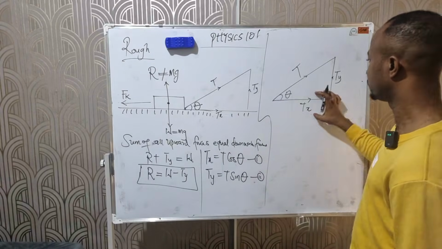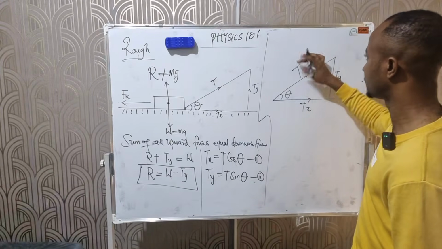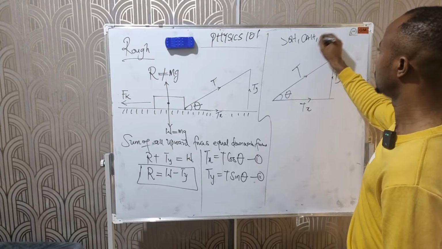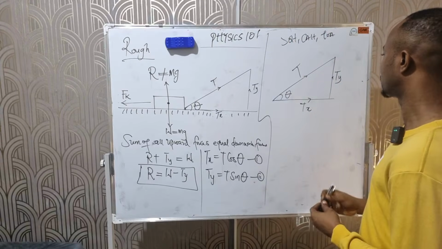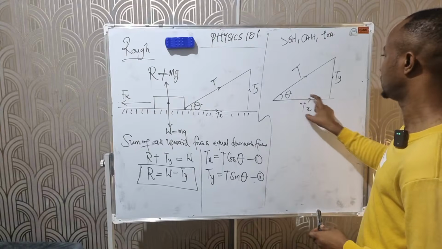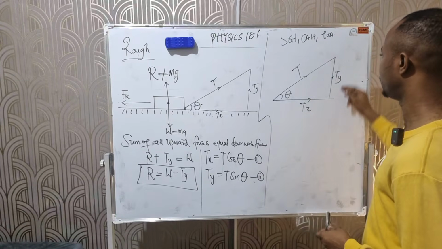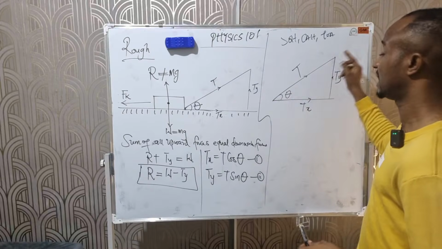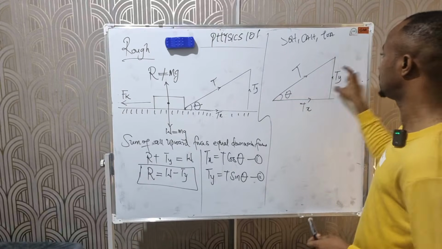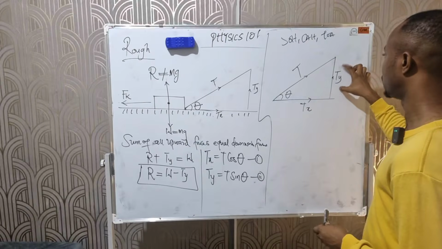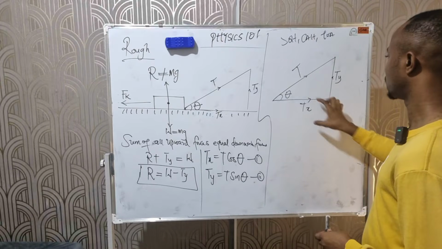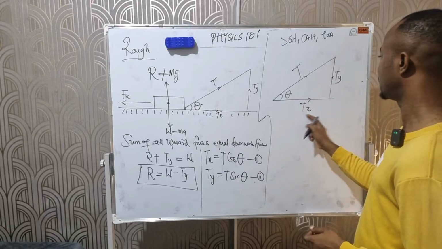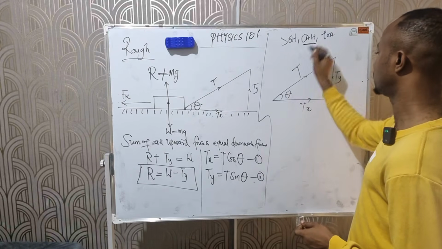I can only resolve Tx with respect to T, using SOHCAHTOA. Let's say I'm considering my Tx. Tx is the adjacent, Ty is the opposite, while tension, the resultant here, is the hypotenuse, right? Any side that faces the angle is called the opposite, which is my Ty. So Tx is adjacent, T is hypotenuse. To resolve my Tx with T, I will use CAH, right?